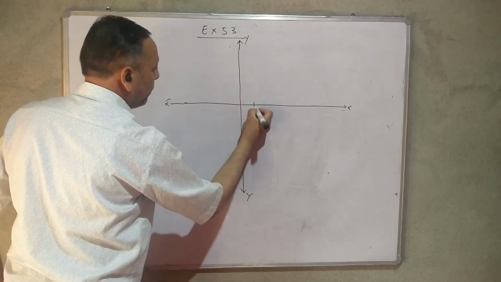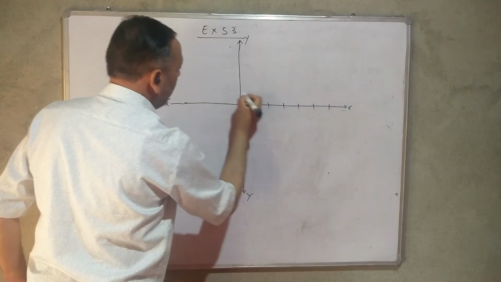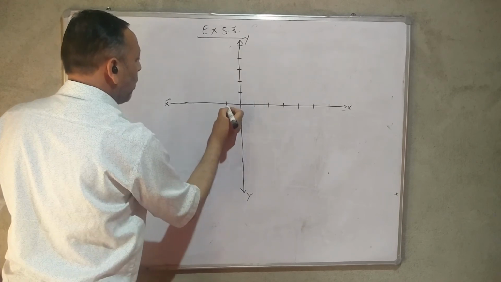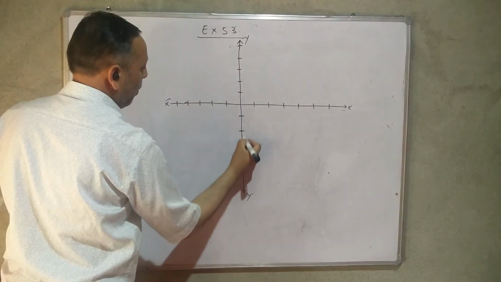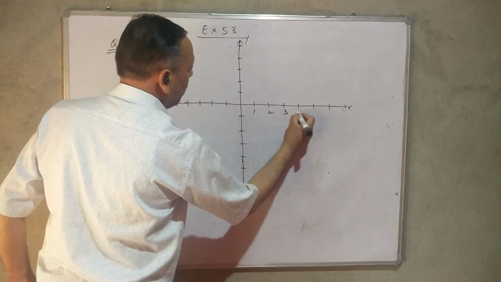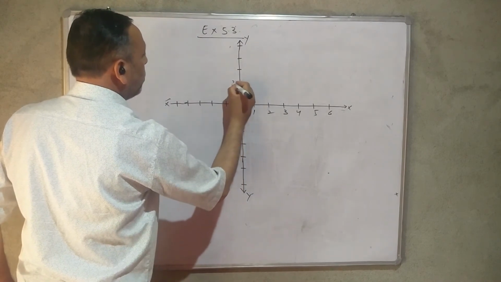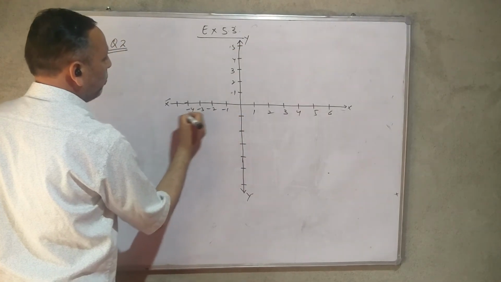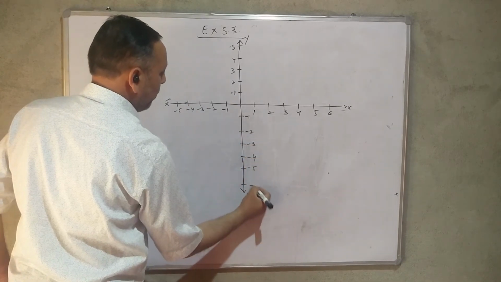Then mark points 1, 2, 3, 4, 5, 6. This is -1, -2, -3, -4, -5, and -6.